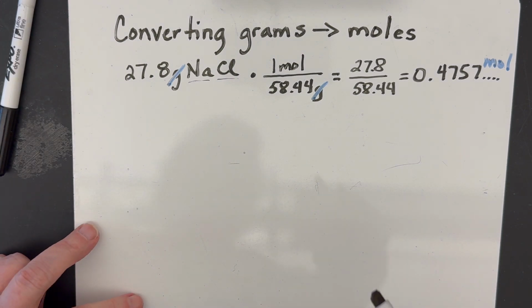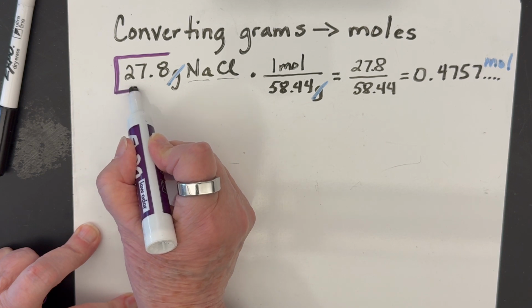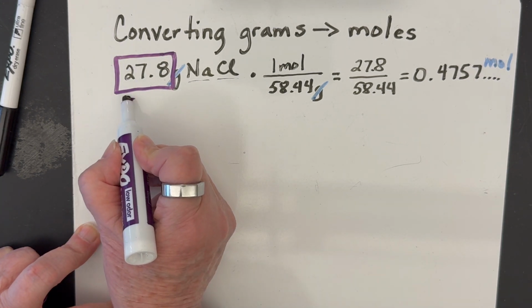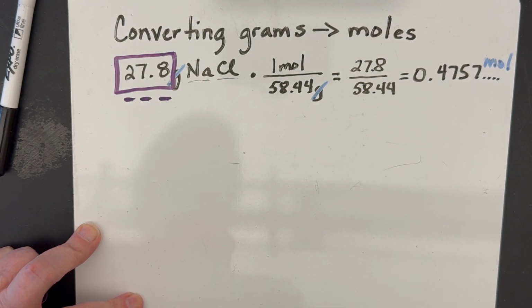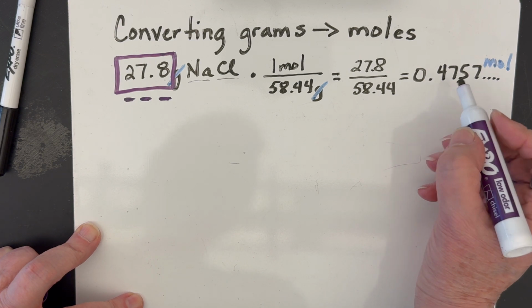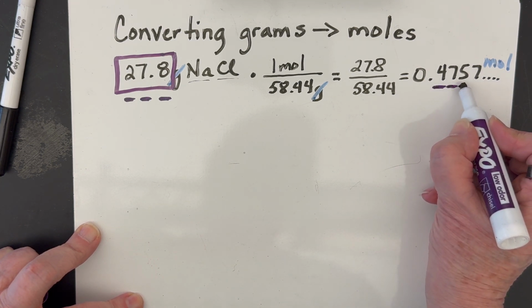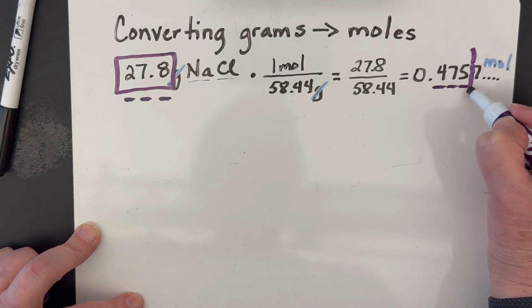So we go back and we look at our original number that we were given. 27.8 was the number we were given. How many digits? 1, 2, 3 digits. So starting on the biggest end of the number, we're going to keep 1, 2, 3 digits, and we're going to cut this part off.